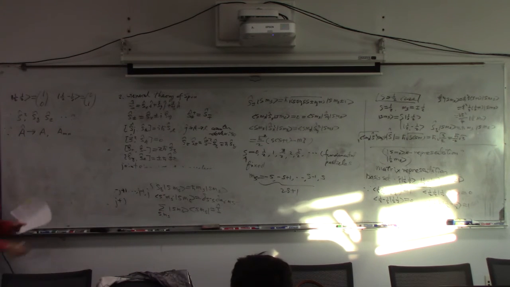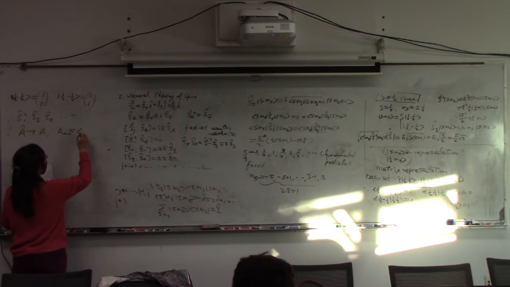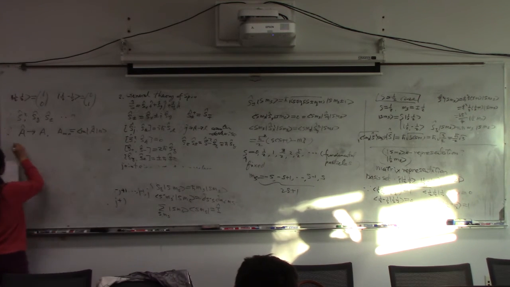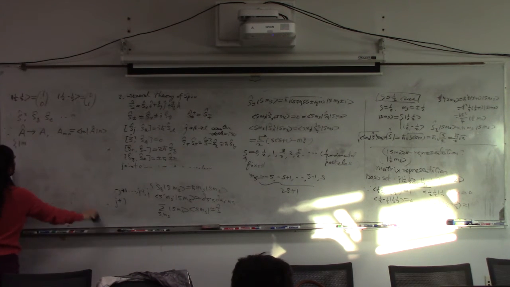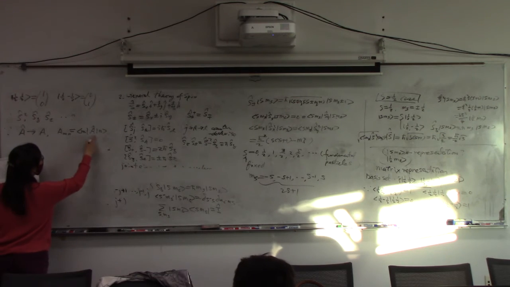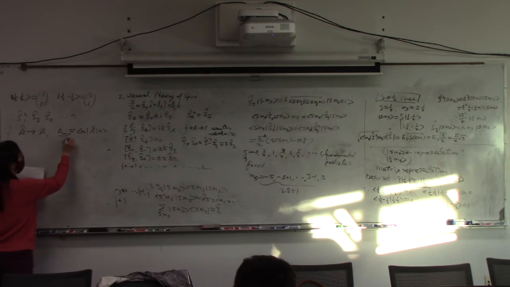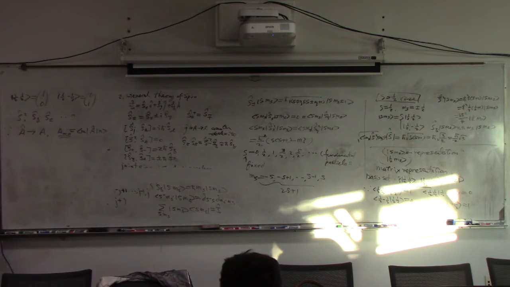Each of the matrix elements is here, and these are again the basis vectors. So the key is to find the matrix elements. Once we know the matrix elements, we can build up the matrix.